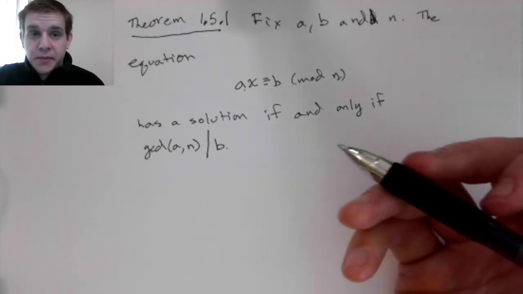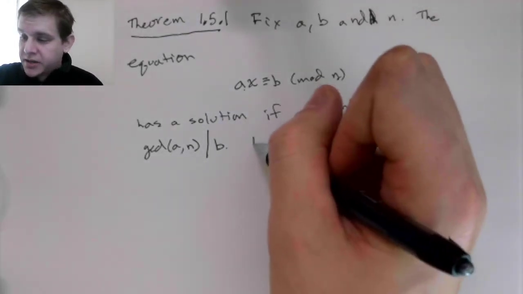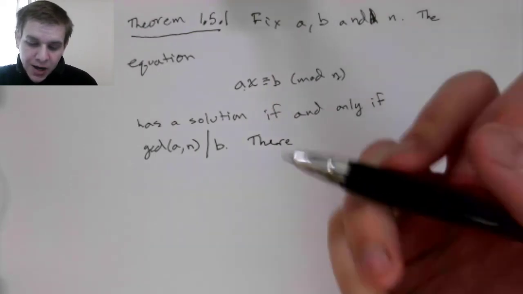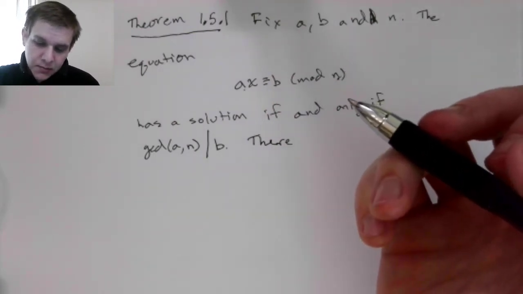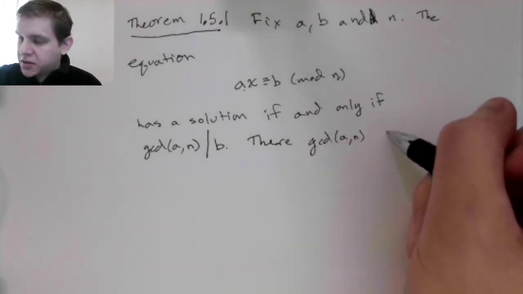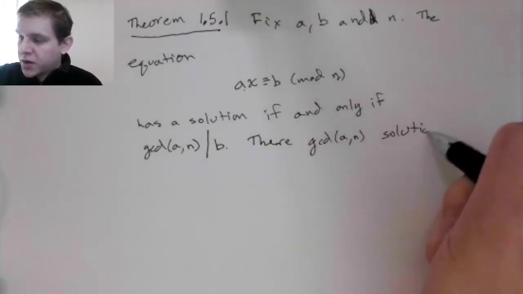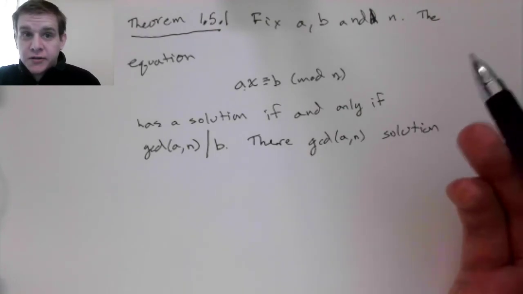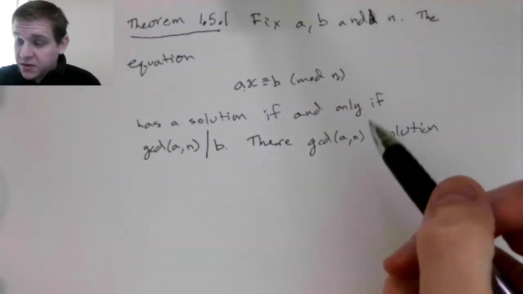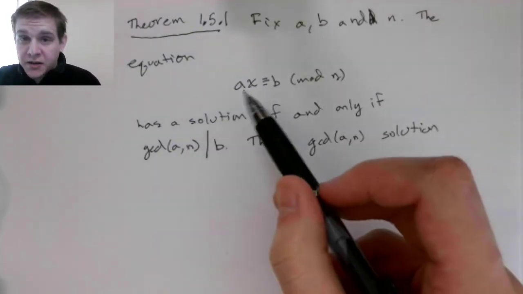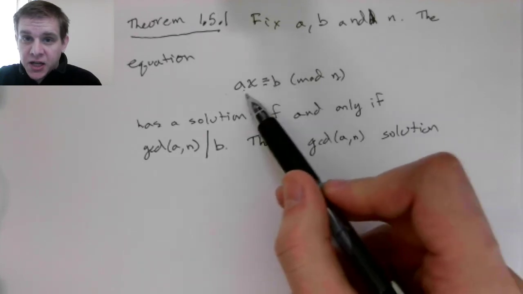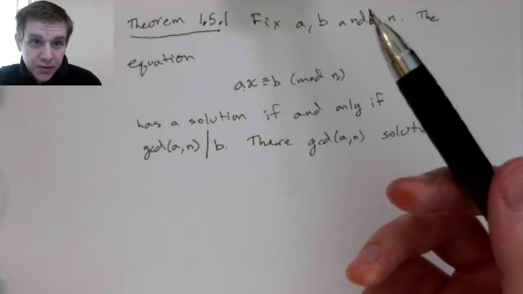Now the solution may not be unique, and the non-uniqueness of the solution is related to how large the GCD is. So there are GCD(A, n) solutions. If the GCD is equal to 1, there's only one solution, and this is just obtained by multiplying by that inverse, because A has an inverse, so I multiply by A inverse here and A inverse here, and I get that x has to equal that specific number.